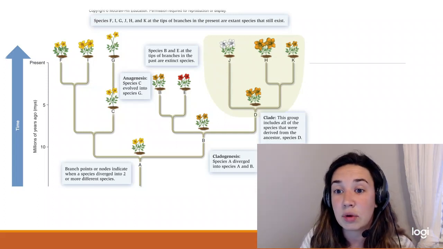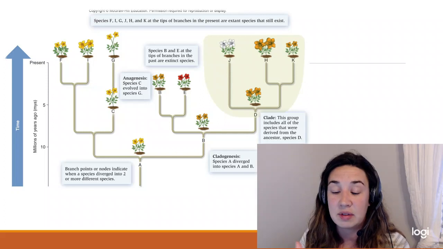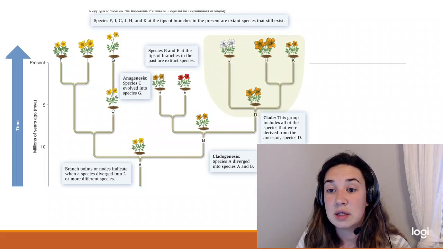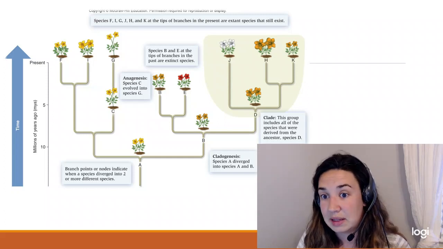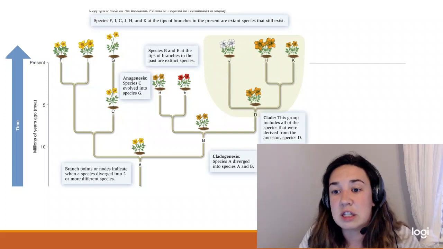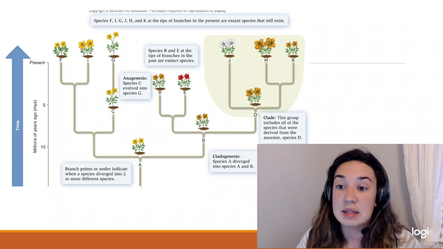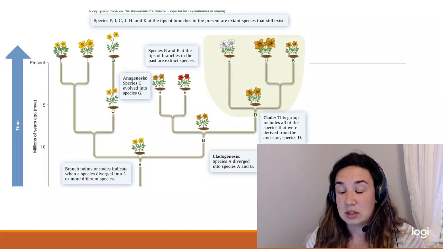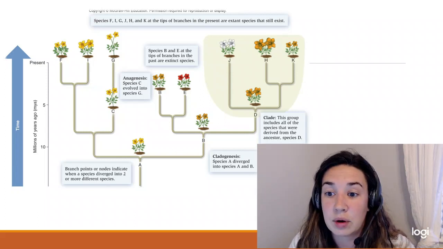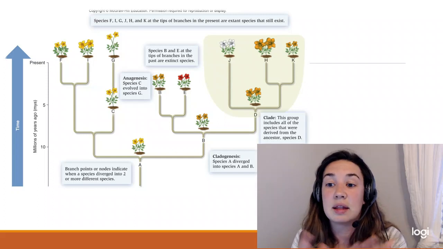Therefore, you can say that the species at the tips of these branches, based on where they're positioned, are extinct species. Now, if you look on the right side, species B evolves into species D, or changes into species D. This group includes all the species that were derived from the ancestor species D.